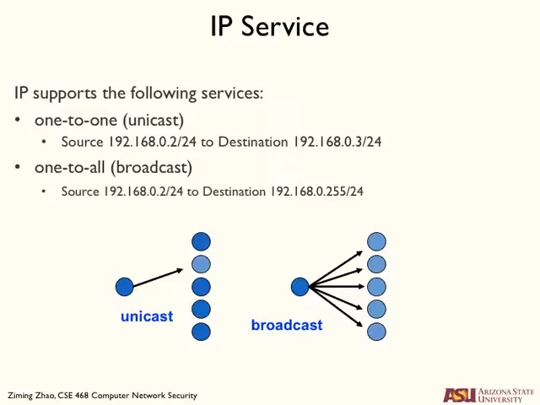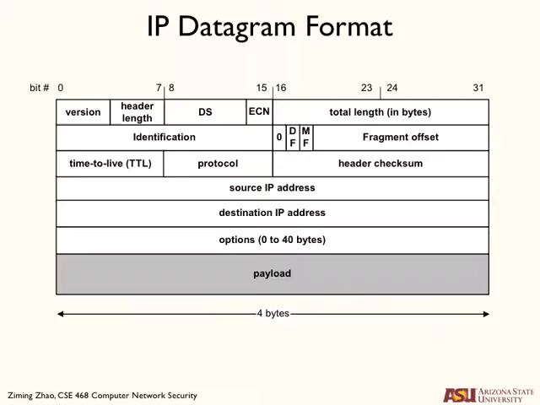This IP packet will only be sent from .2 to .3. If .2 sends this IP packet using .255, which is the last IP address in this subnet, as the destination, it means this packet should be sent to all the hosts in this IP network. We will see how this could be used by attackers later.